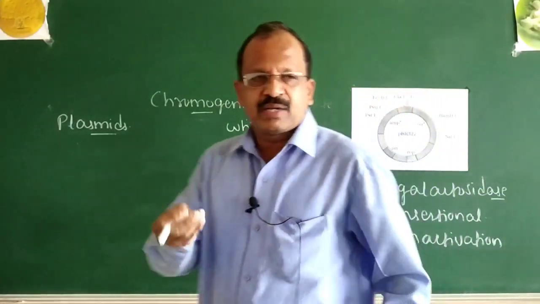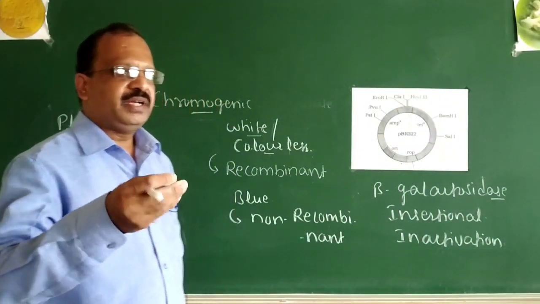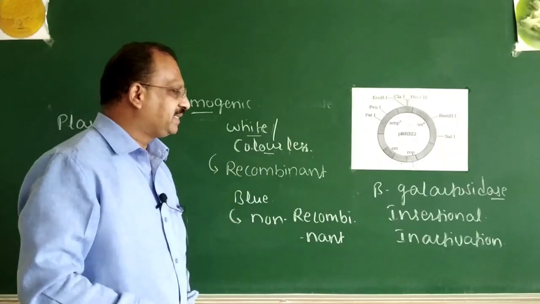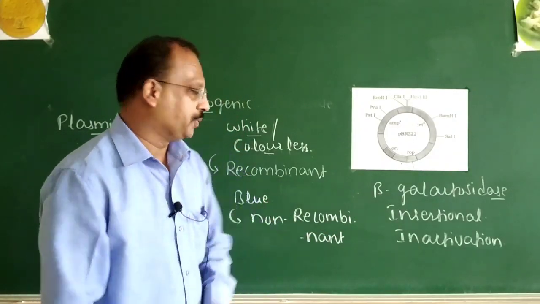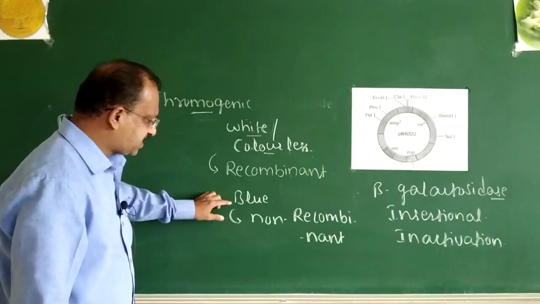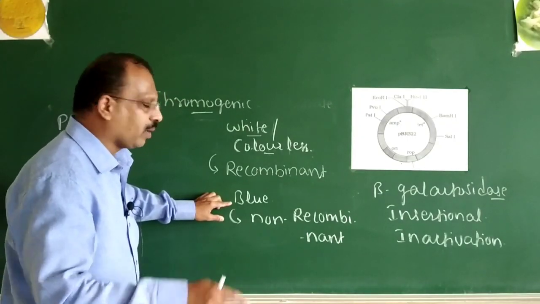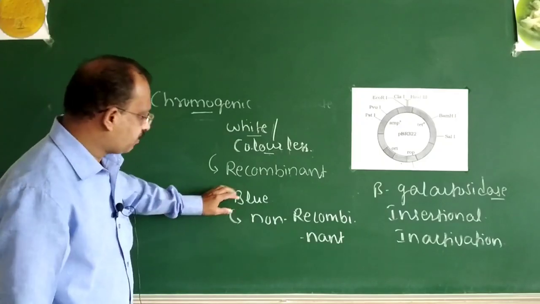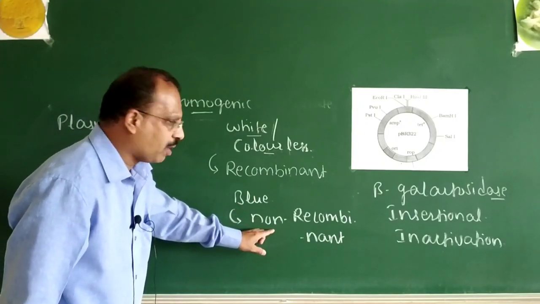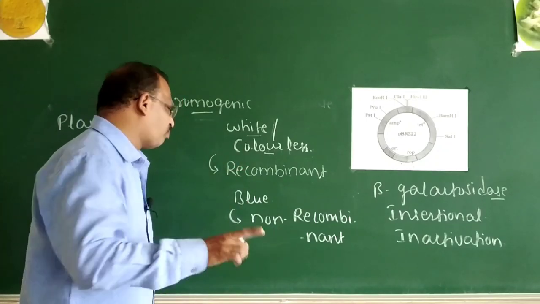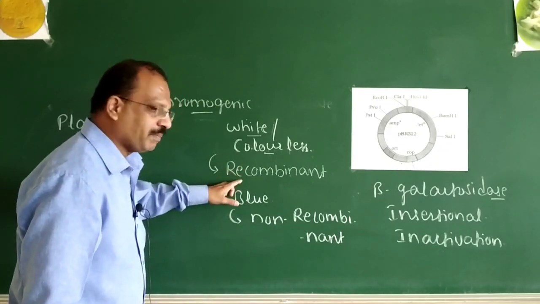When the foreign DNA is not ligated to beta galactosidase, the enzyme is active, and the chromogenic substance is expressed in the colony, and the colony will appear blue. When it appears blue, this indicates that they are non-recombinant. When it appears white, then it is recombinant.